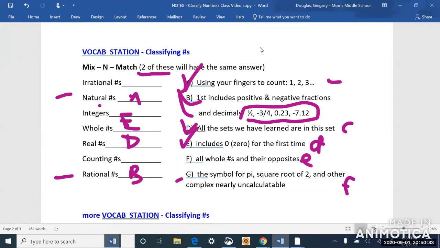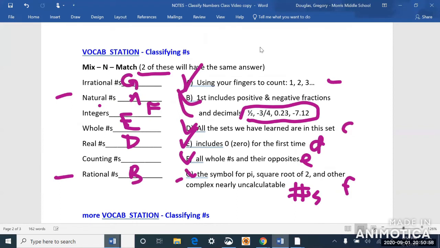Their opposites will be negative numbers. Negative numbers first occur in integers. So F is right here on integers, okay? And the last one, G, the symbol for pi, the square root of 2, and other complex, nearly uncalculatable numbers. That is irrational numbers, G.